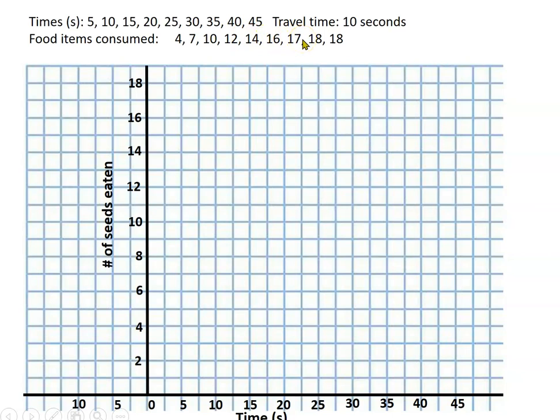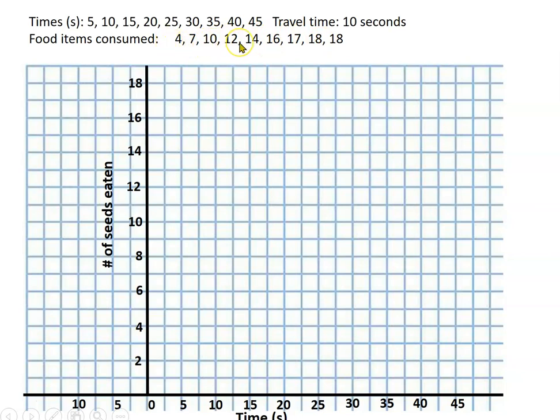Now, I want to pause here for a second and draw your attention to the fact that Dr. Foster measured the food or the foraging intake by counting the food items, but she could have very easily done this by looking at kilojoules or joules or calories, so looking at the energy content instead.